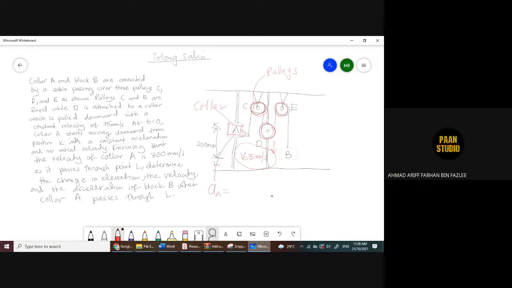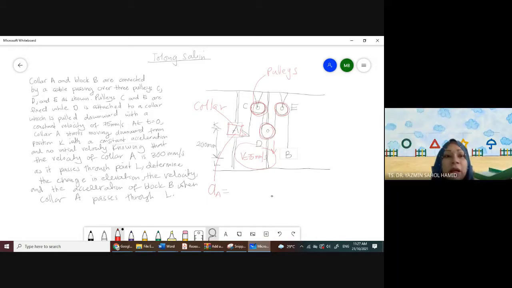Knowing that the velocity of A is 300 millimeter per second. Here it says it has a constant acceleration.